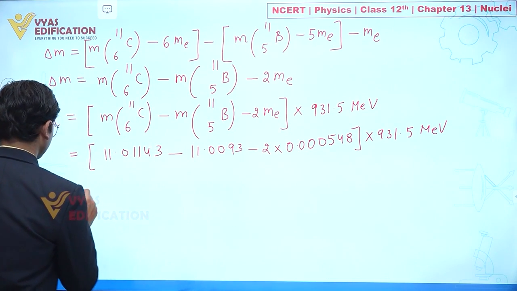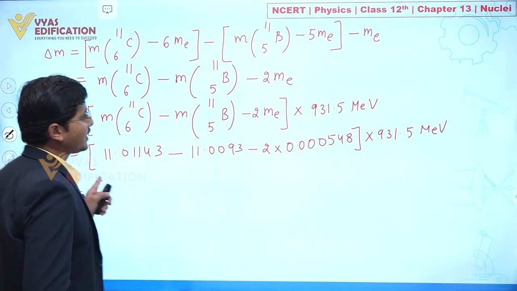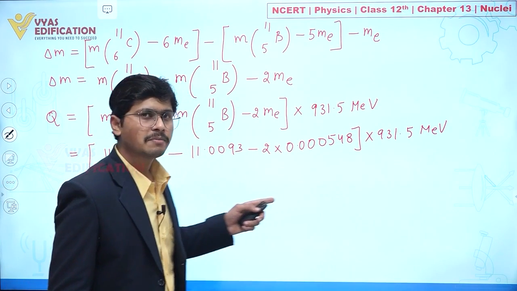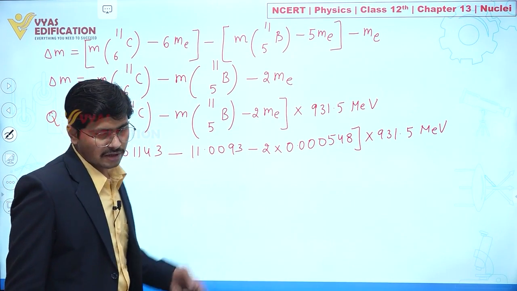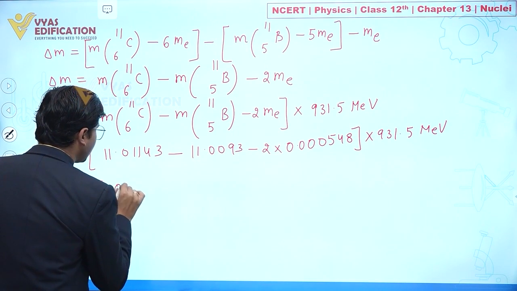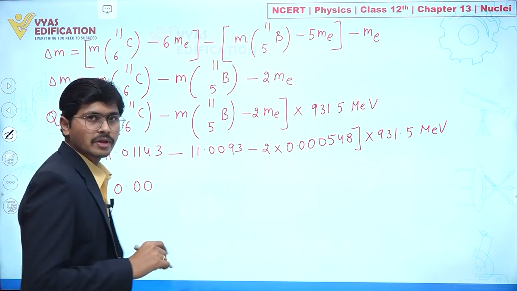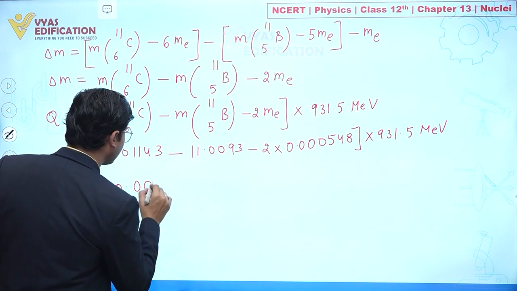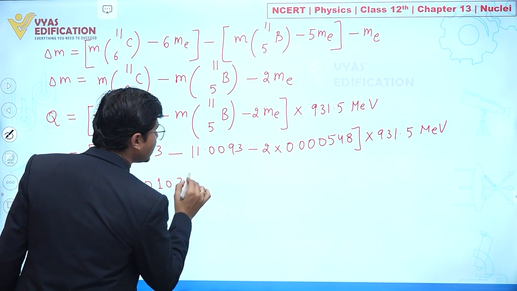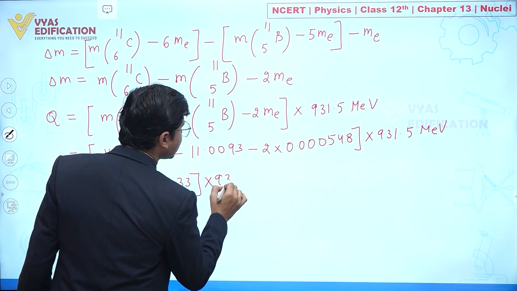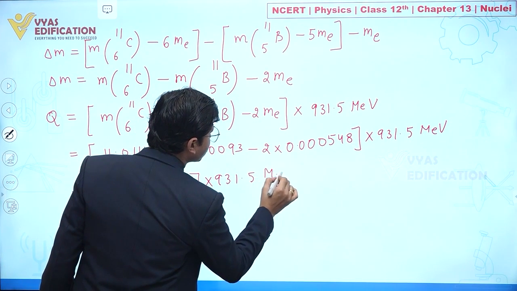So now if you subtract all these values, first of all you have to multiply, then you will subtract, so definitely you will get this value, it will be near about 0.00133, clear, and then multiplied with 931.5 million electron volt.